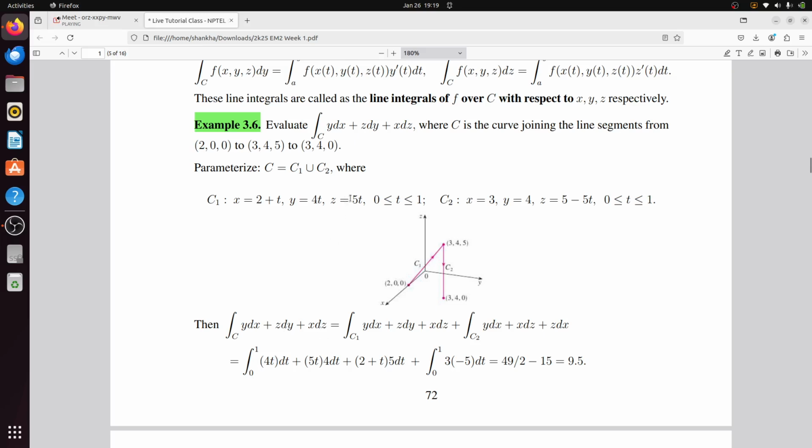Next z dy, z is 5t, limit is from 0 to 1. Here dy will be 4 dt. Then x dz, x is 2 plus t, dz is 5 dt. Again same 0 to 1.